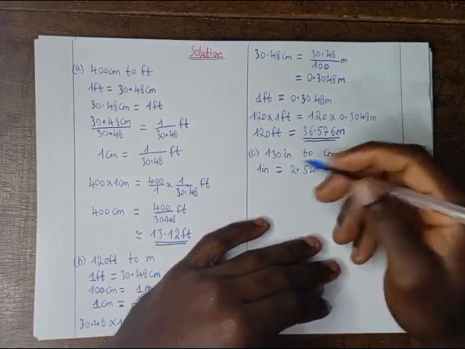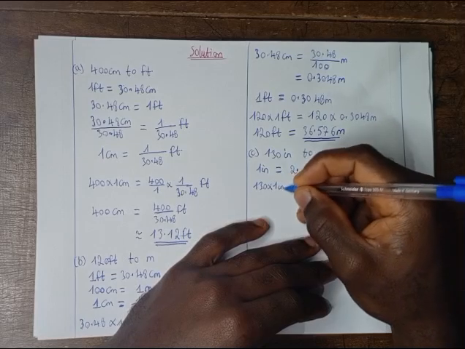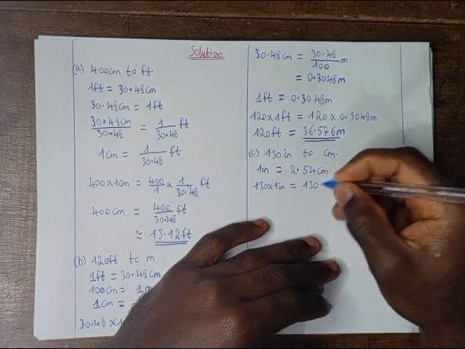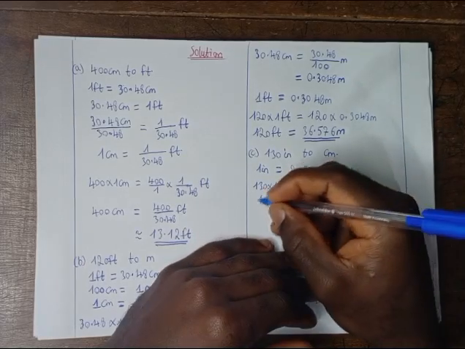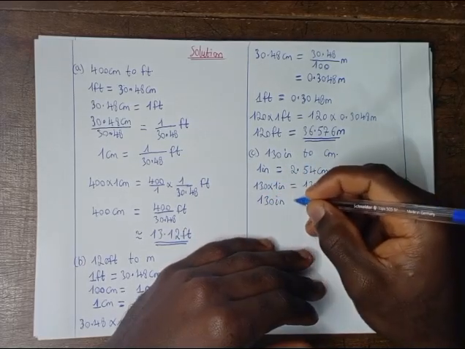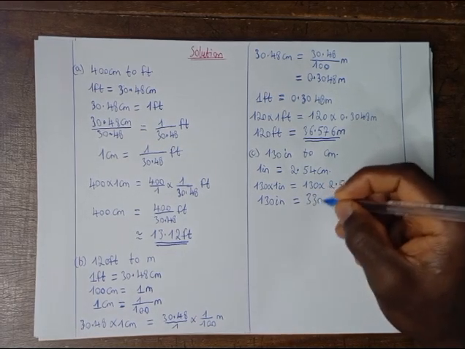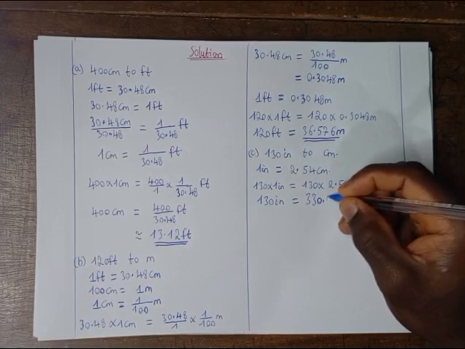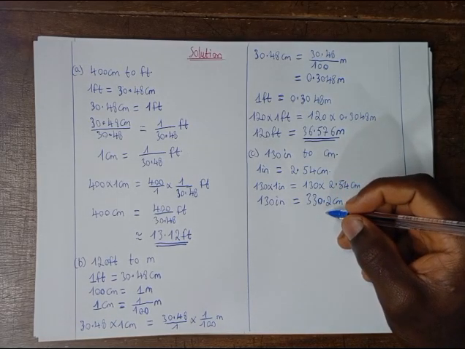For us to convert 130 inch, we are going to multiply both sides by 130. 130 times 1 inch will simply be equal to 130 times 2.54 centimeters. This will give us 130 inch to be equal to 130 times 2.54. This will give us 330.2 centimeters. We underline the result.